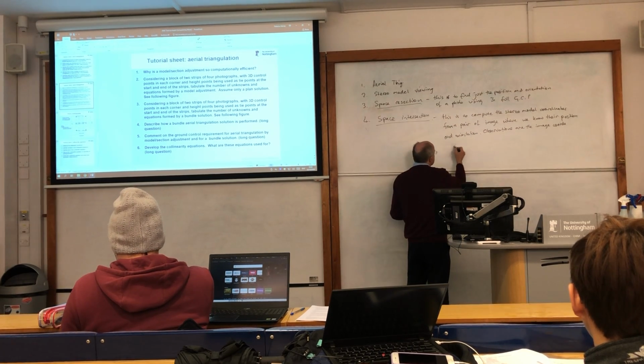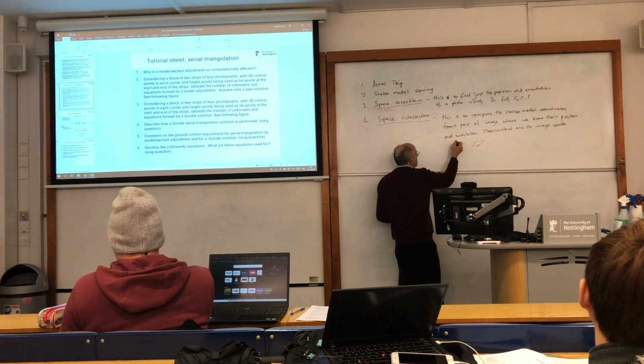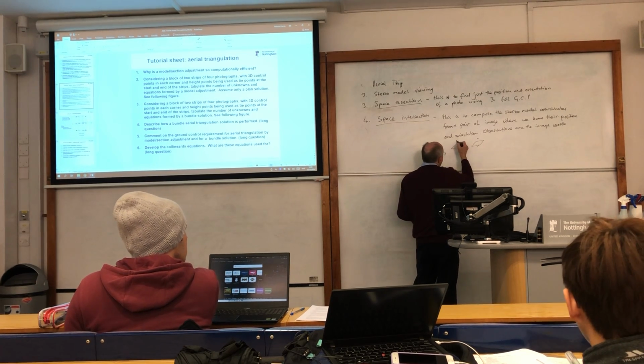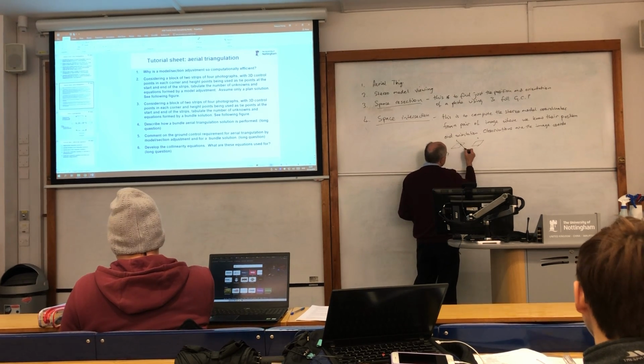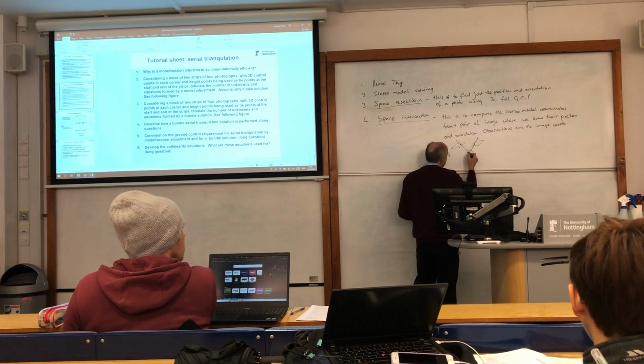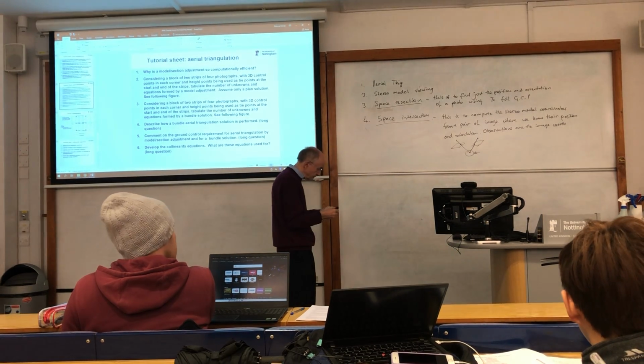So in essence, you've got 2 photographs like this, a stereo pair, you know where they were taken, you know their attitude, and you know the coordinates on the image, and therefore you're trying to determine that point, that stereo model coordinate.